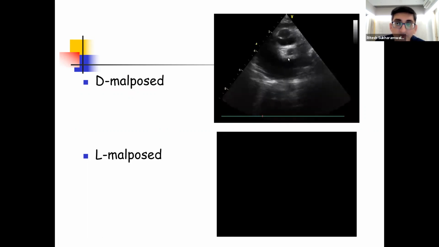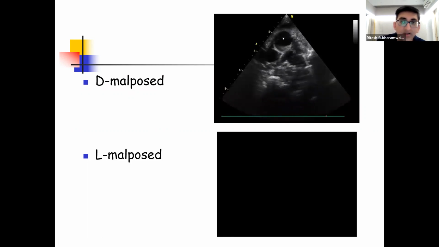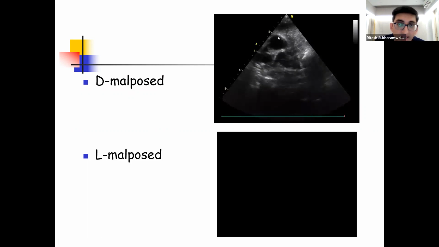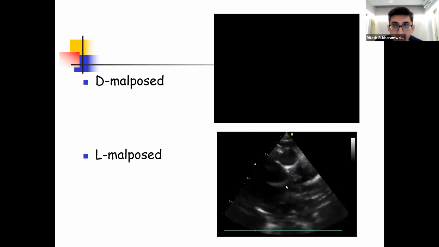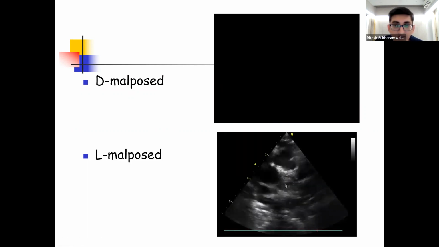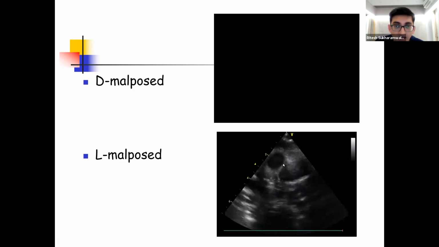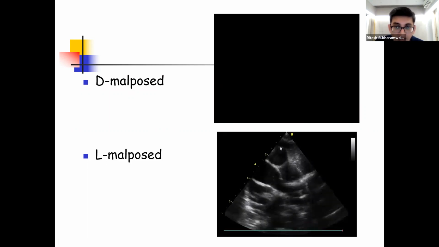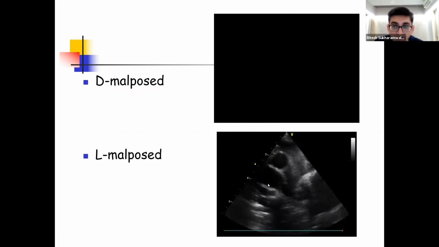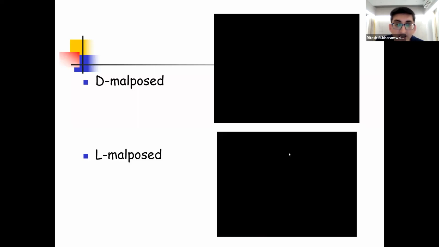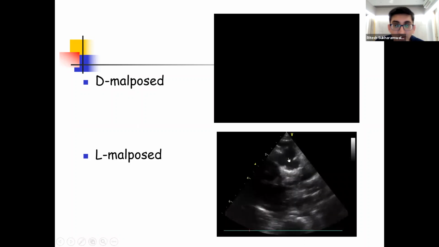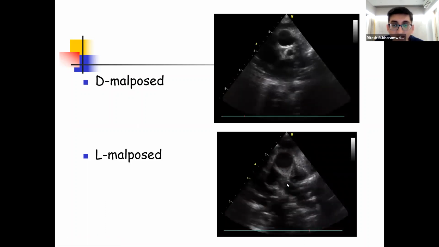Hence, the pulmonary artery is posterior and the aorta is anterior. But the aorta is anterior and to the right, and hence it is D malpose, what we see commonly in transposition of great arteries. In this particular case, we see the aorta is anterior but to the left of the pulmonary artery. So this is L malpose great vessels, which is commonly seen in corrected transposition.